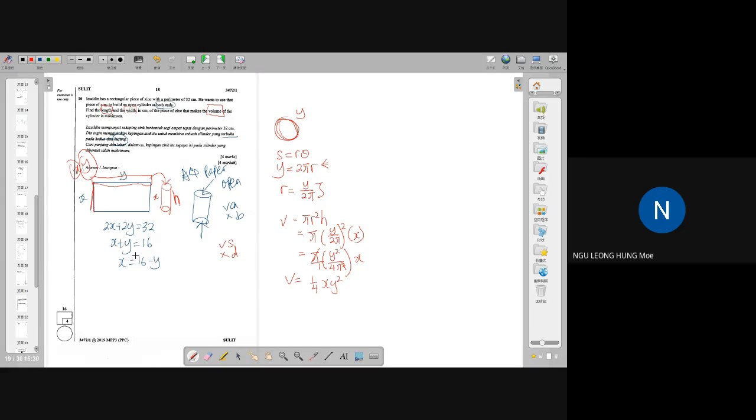And then, kita yang sini, kita dapat S equal to 16 minus Y. So, kita substitute lagi. 16 minus Y equal to Y square. So, expand it.